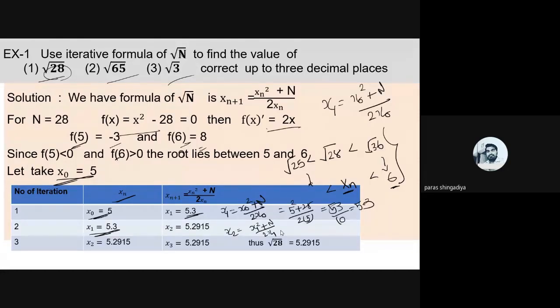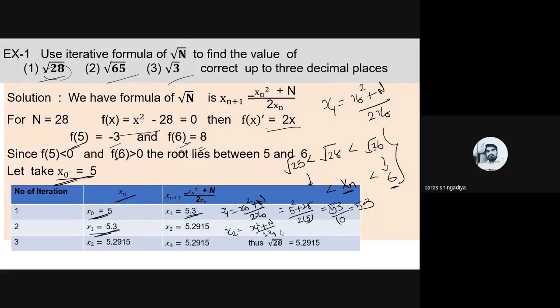So 5.3 square plus n, which is 28, divided by 2 into 5.3.